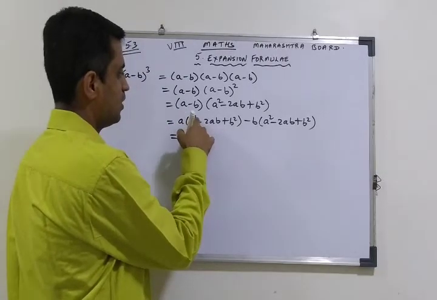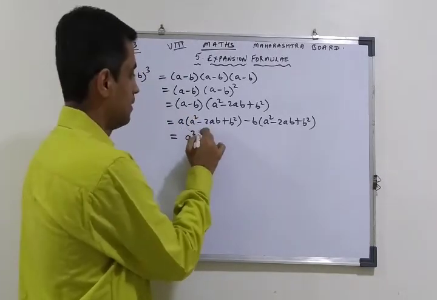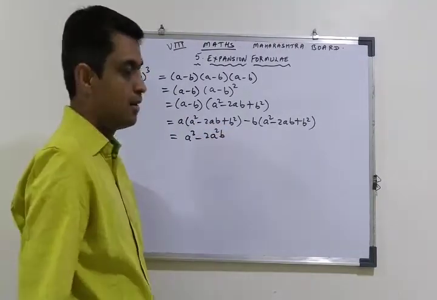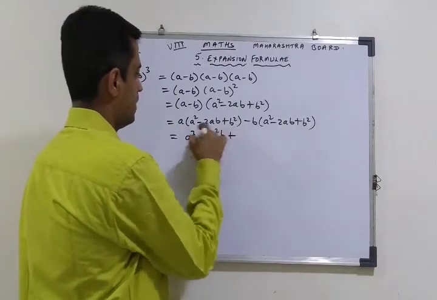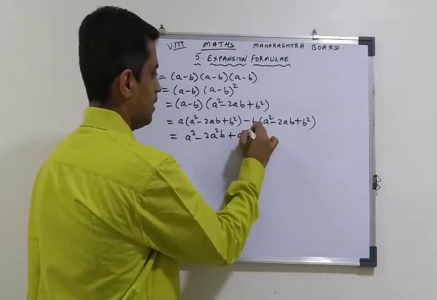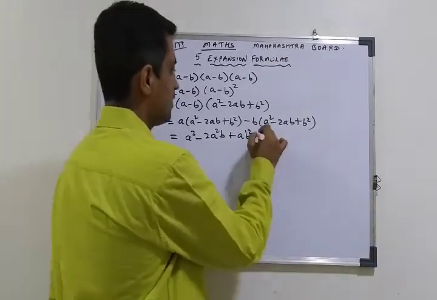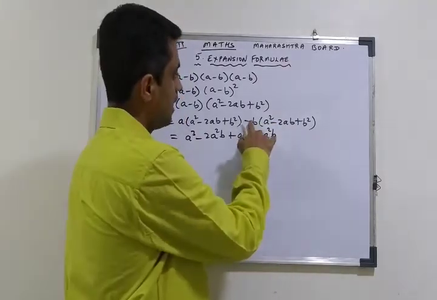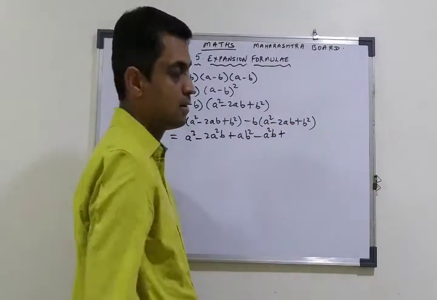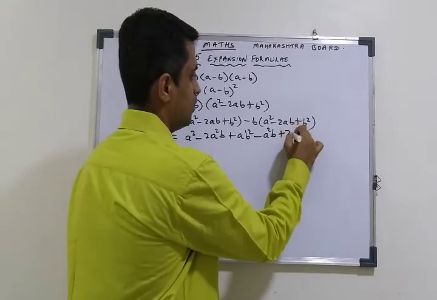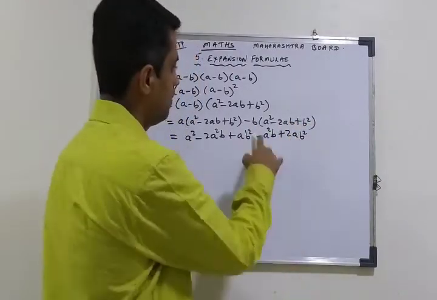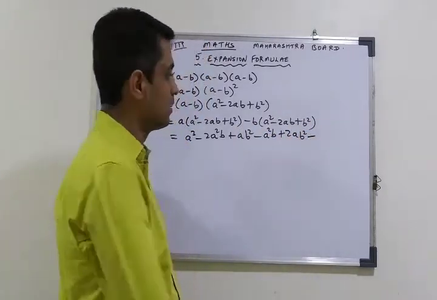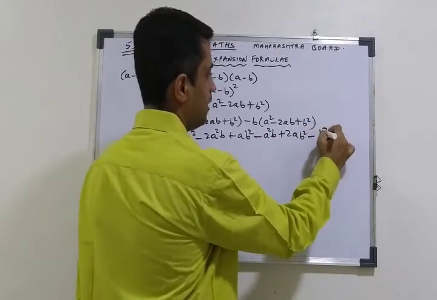Minus a into 2ab will become 2a square b, plus a into b square, ab square. After this, minus b into a square, minus a square b. Minus into minus will be plus, then b into 2ab is 2ab square, and then minus b into b square is minus b cube.